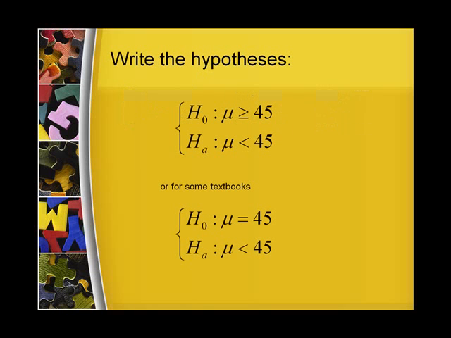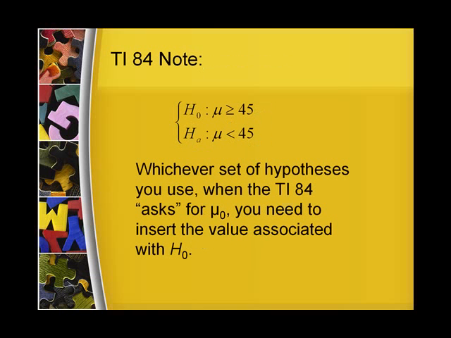For our problem, some authors would write the null and alternative hypotheses as mu equals 45 and mu is less than 45. However you write the null hypothesis, you will follow the same process. Whichever set of hypotheses you use, when the TI-84 asks for mu naught, you need to insert the value associated with H naught.